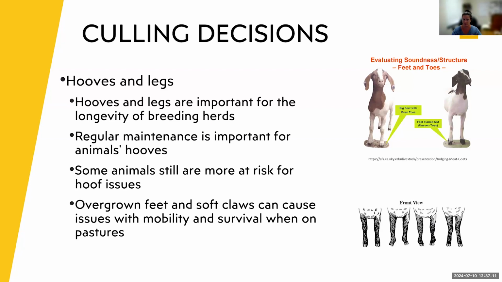Also, overgrown feet and soft claws can cause issues with mobility and survival, even when they're out on pasture. If there's predator issues and they're not able to get away, that's another issue. And so on the bottom, I have just a few examples of what those feet and leg issues can look like. And so again, if they're turned in or out and not just straight, like in that first picture, that's another reason for culling.